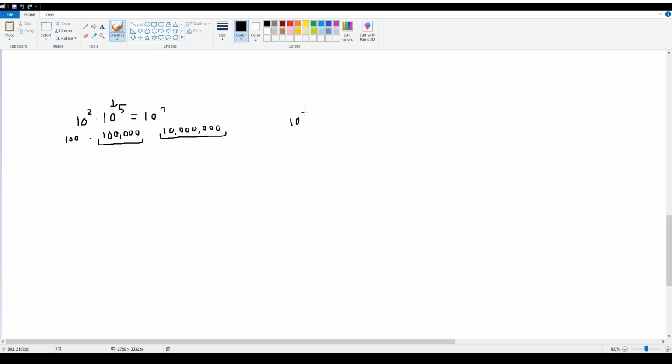If we try and do 10 squared times 10 to the 5th and make it equal something like 10 to the 10th, right? That's going to say, okay, well, that's 100 times 100,000, which is going to be equal to 10 billion. So let me write that out fully. So somehow you're going to come and tell me that 100,000 times 100 is 10 billion. Think about people that make $100,000 a year.